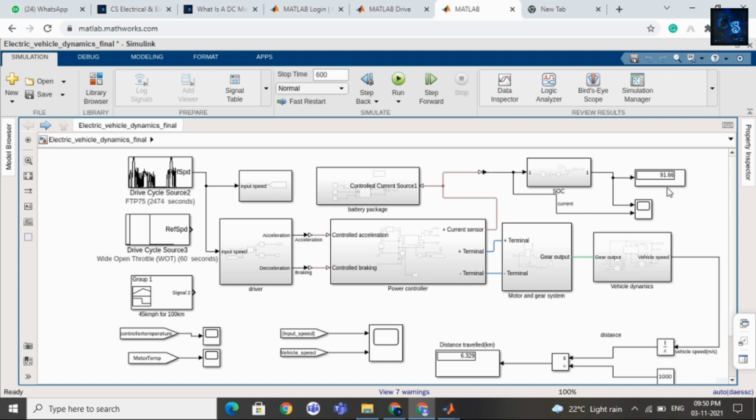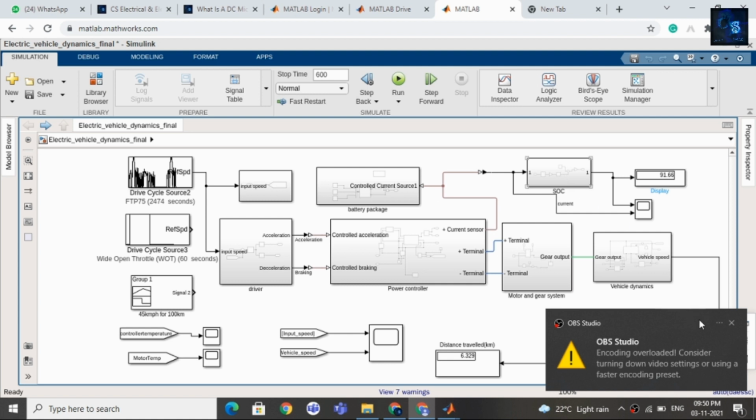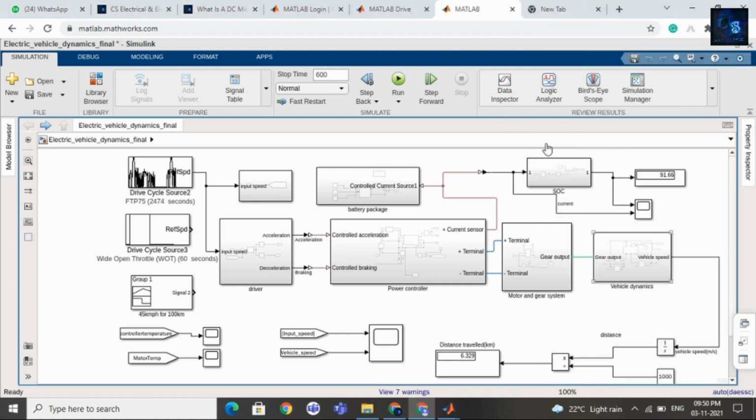Now the value is 91.66. Sorry, the initial SOC value was 100%. Now it is 91.66. To travel a distance of 6.32 kilometers, the total charge required is 9%.